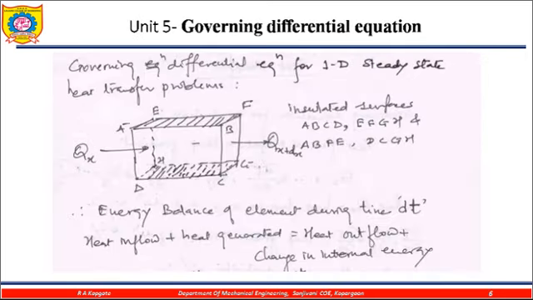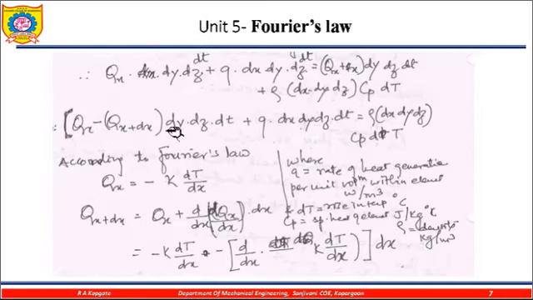Now the heat inflow is qx. So qx multiplied by dy dz, because the flow takes place in the dx direction, so dx is not considered here, along with the time dt. Plus q dx dy dz, where q is the rate of heat generation.